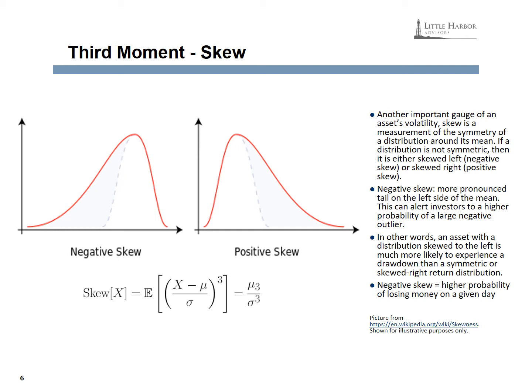In other words, an asset with a distribution skewed to the left is much more likely to experience a drawdown than a symmetric or skewed right return distribution. Generally, negative skew signals a higher probability of losing money on a given day in a market regime.